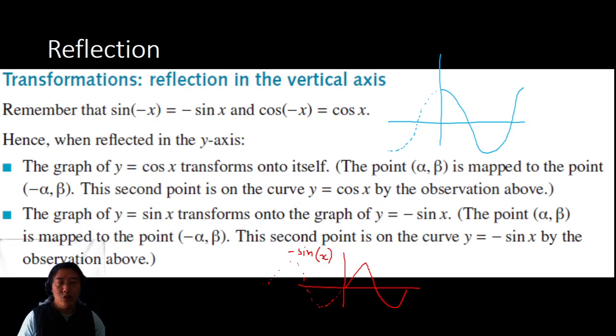So when you try to do a reflection from the y-axis, you get negative sine of x, and the fact that it is a negative sine of x, that negative tells me it's also a reflection of sine from the x-axis. Confused? All right, so that's the reflection in the vertical axis, and that negative sine is just negative sine of x.